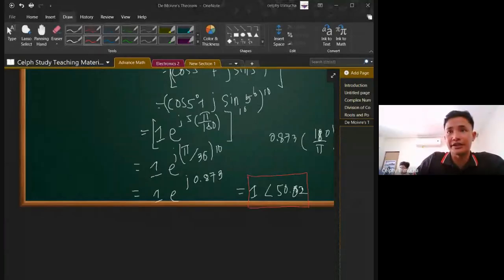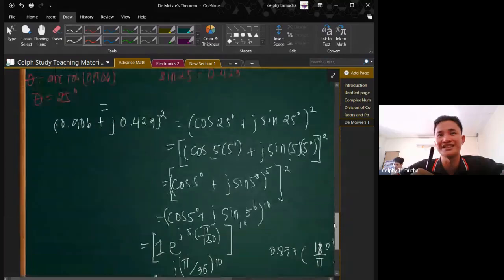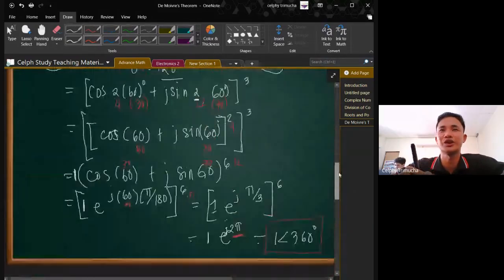For the next lesson, we are going to discuss logarithms, natural logarithms. That is enough for now; we will discuss logarithms next meeting.